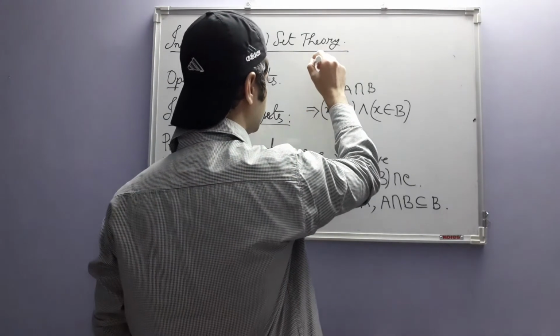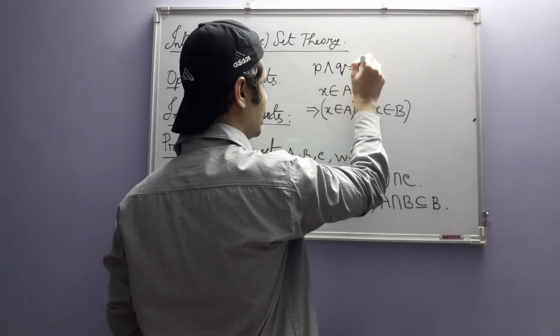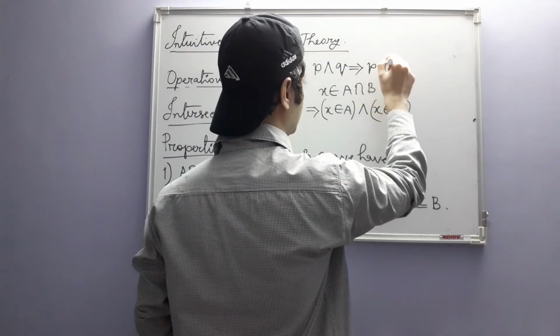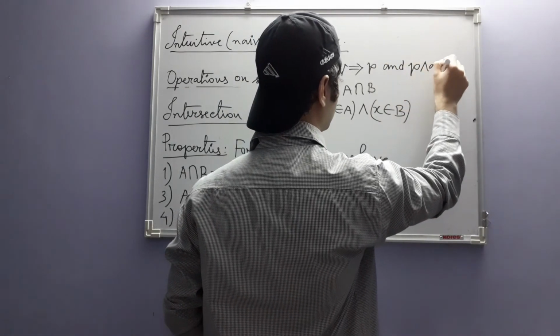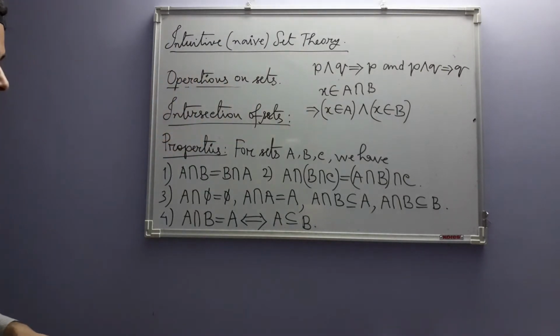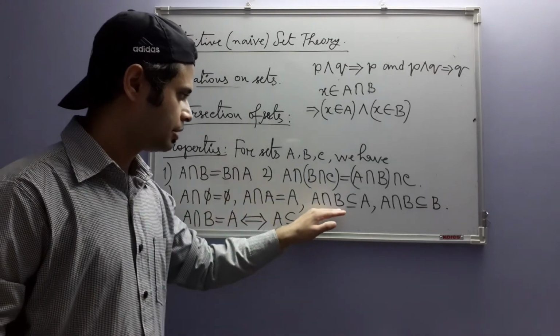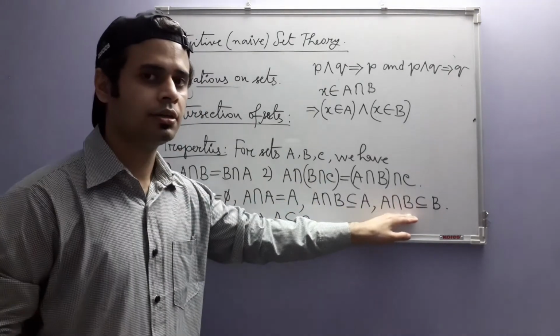If you remember, for two statements P and Q, we had this law: P and Q implies P. Now this law will be used here to prove this one and this one.